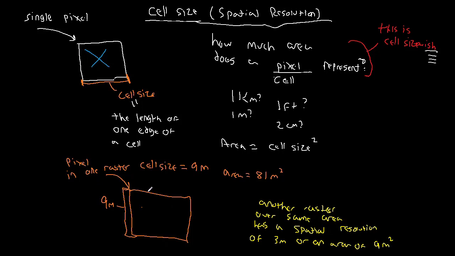So keep in mind, this is 1 pixel from our 9 meter spatial resolution raster. So if we assume that it starts here, let's say this is the lower rightmost pixel, a 3 meter spatial resolution raster would be something like this.